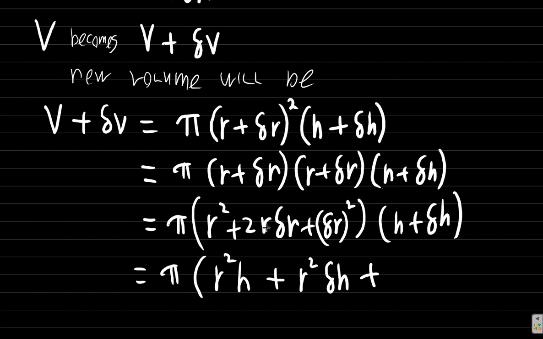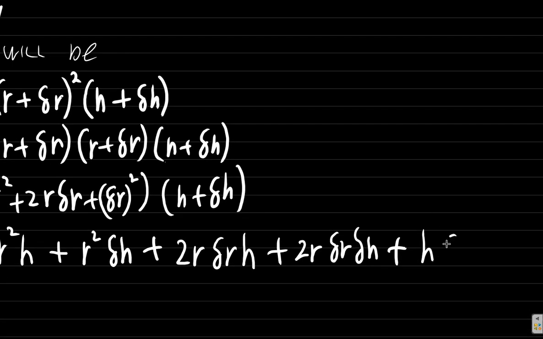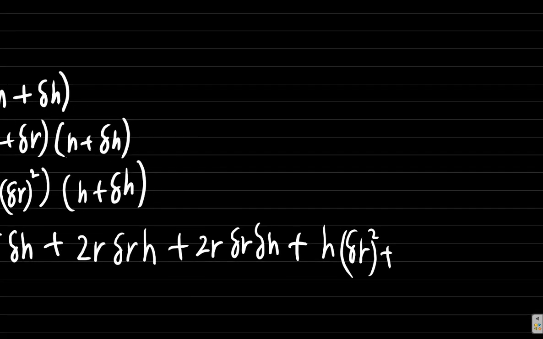Plus 2r small change in r times h, plus 2r times small change in r times small change in h, plus, alright, this part now, h times change in r all squared, plus change in r all squared times change in h.